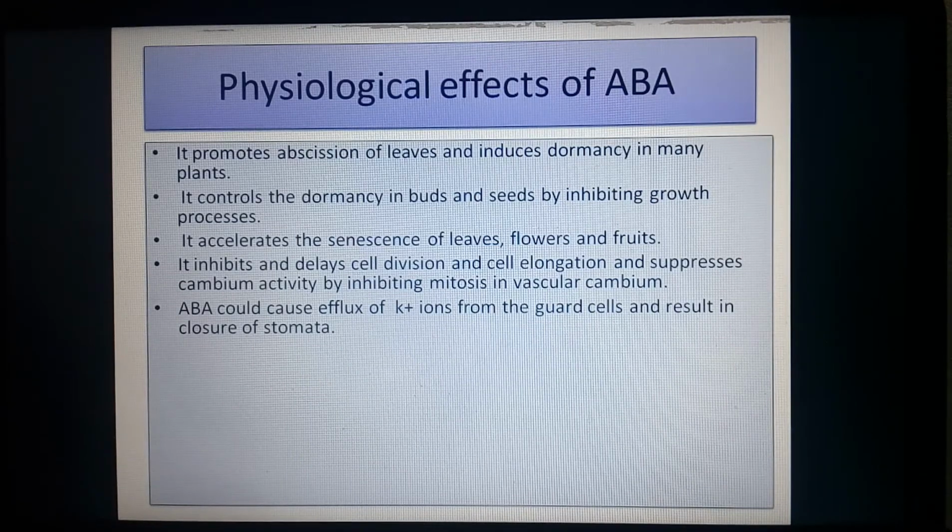How? This abscisic acid causes an outward flow of K+ ions from the guard cell. As K+ ions move out, Cl- ions also move out behind them. The osmotic pressure of the guard cell cytoplasm decreases and that of the neighboring accessory cell increases, which is responsible for the movement of water by osmosis from the guard cell towards the accessory cell or the neighboring cortical cells.